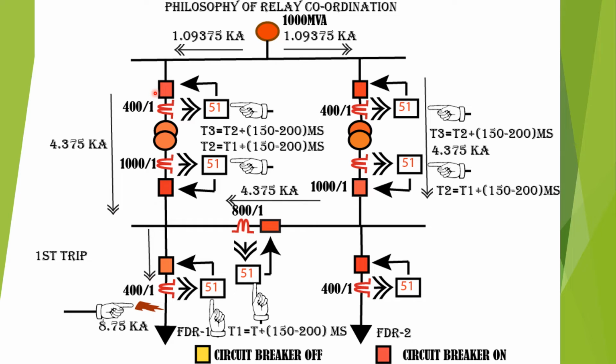So in the HV side, considering that the transformers are running in nominal tap condition, the current supplied from the HV side of the transformer will be equal to 1/4 of 4.375 kiloampere, which is equal to 1.09375 kiloampere. So this fault current will be supplied from the source.